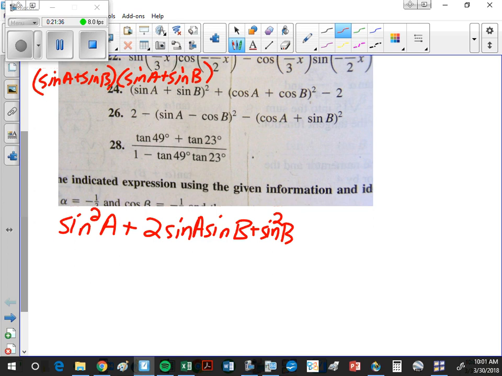Okay. What about the other one? What is the cosine going to look like? It's the same, basically. Cosine squared A plus 2 cosine A cosine B plus cosine squared B minus 2.